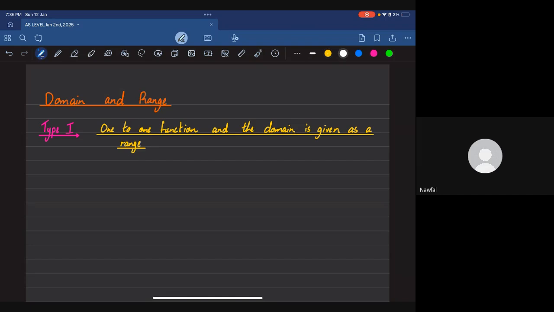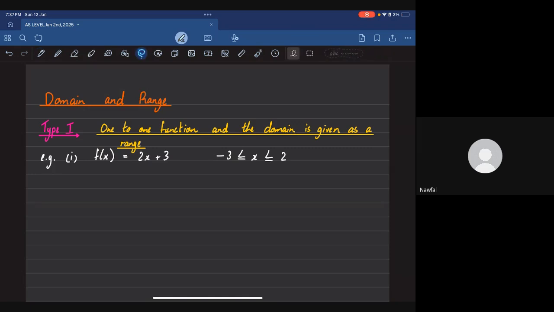So, for example, f of x is equal to 2x plus 3, and the domain is given to you as minus 3 is less than or equal to x, and x is less than or equal to 2.